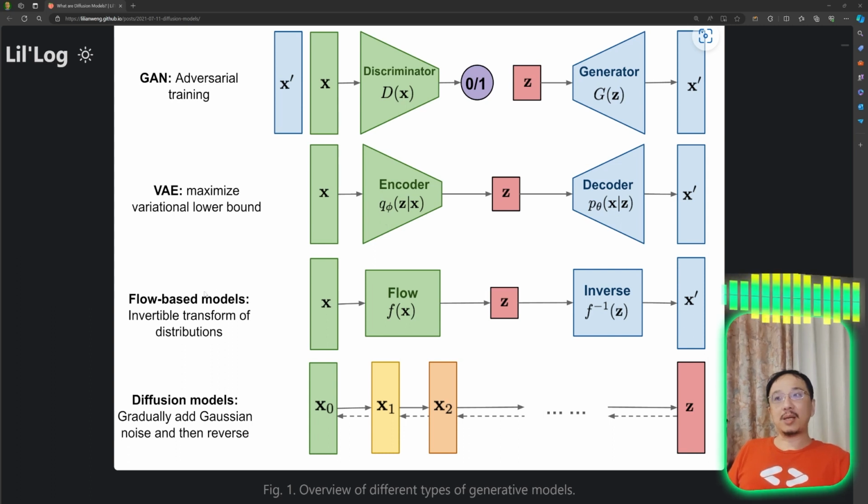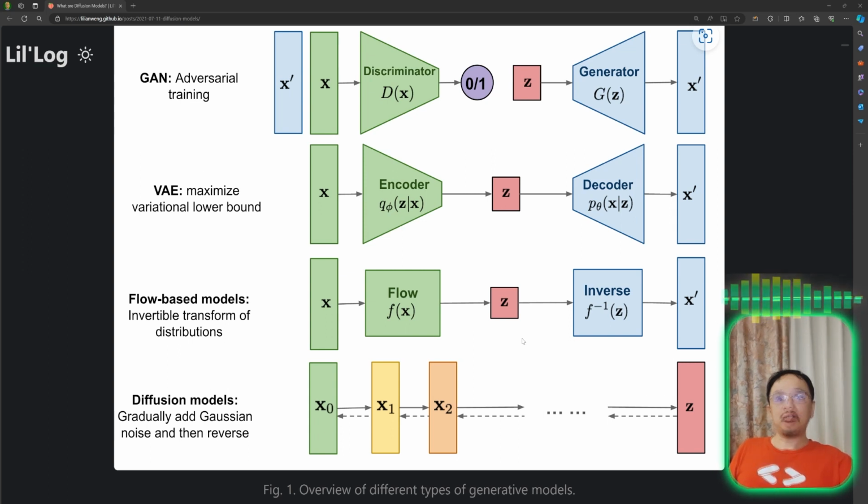But for the flow-based models, we only train the flow model. Because of the design of the model architecture, we can get the inverse model automatically. Although the flow model works like an encoder and the inverse model works like a decoder, they are essentially just one single model. It is reversible, so we can use it in both directions.